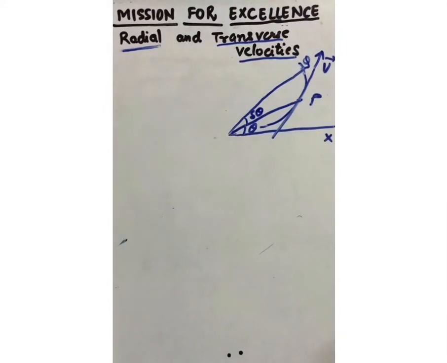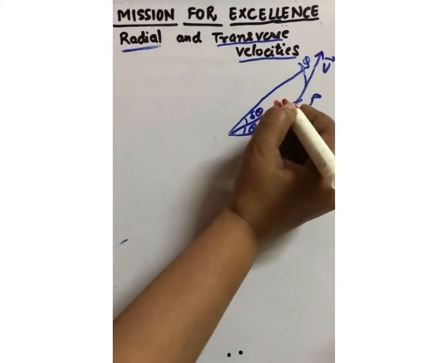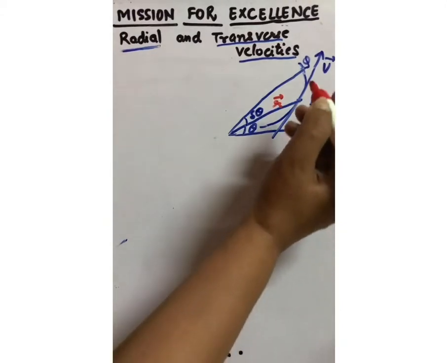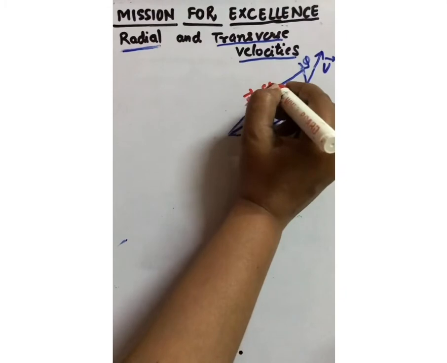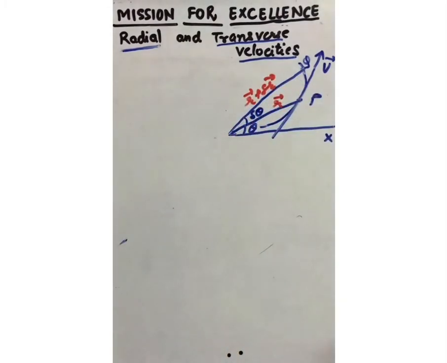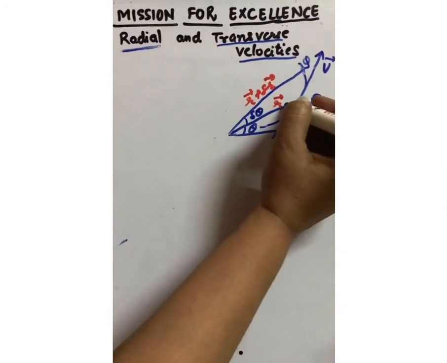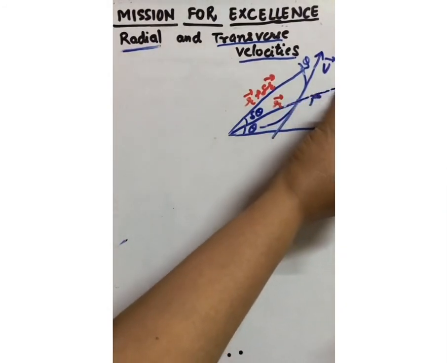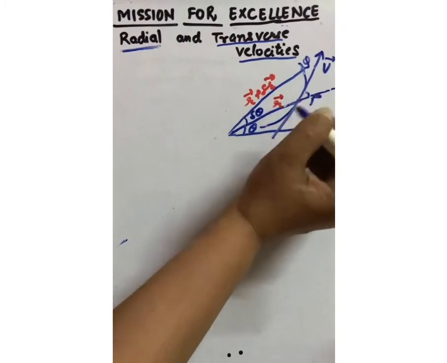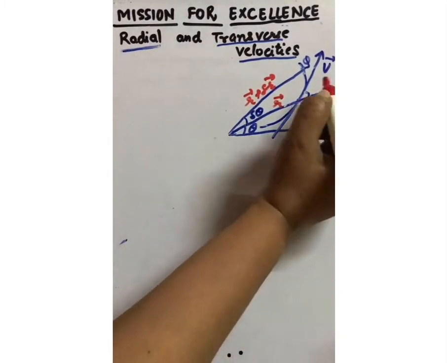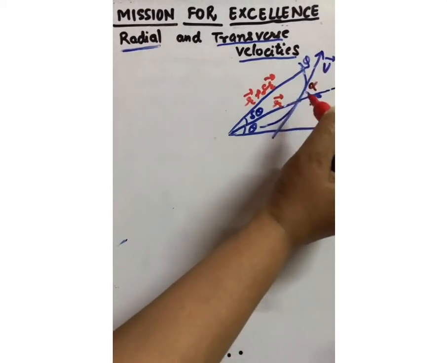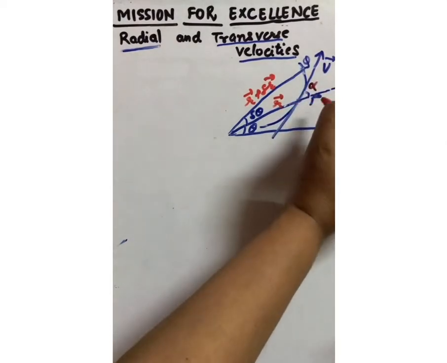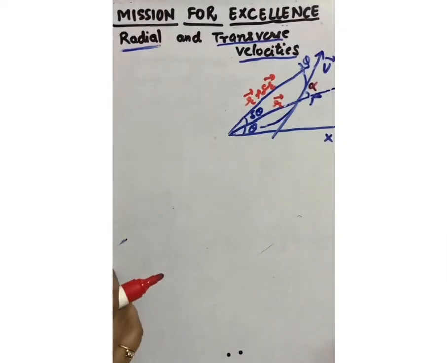Let us take this position vector as r initially, and after some time its position vector will become r plus delta r. Now let us take that v makes an angle alpha with this position vector. So suppose this angle is alpha. The component of velocity in the direction of the position vector is v cos alpha.